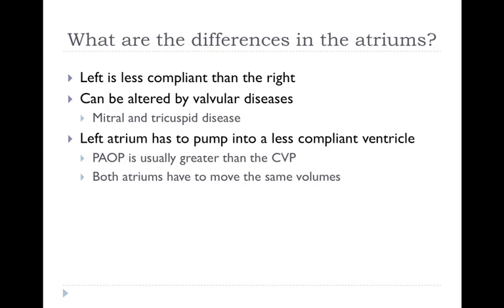In other words, it's able to give easier without really causing a change in pressure. So it makes it more difficult to monitor using an atrium or a ventricle that is more compliant. It is much easier to notice a significant change in pressure when the ventricle is less compliant or stiffer.